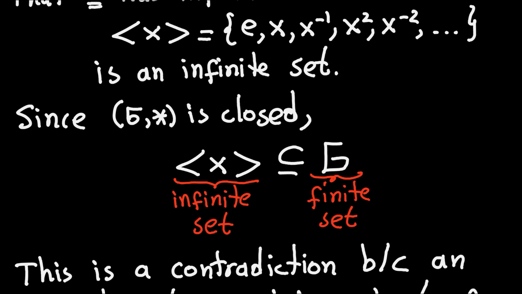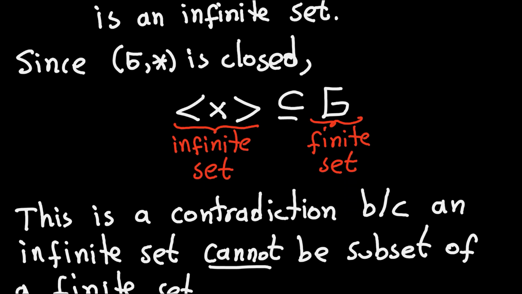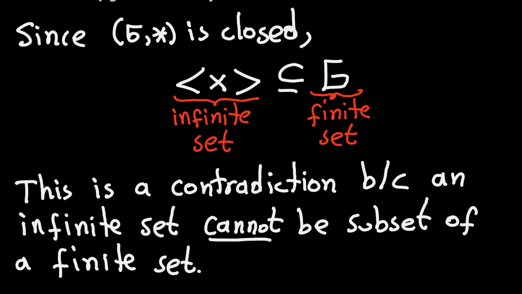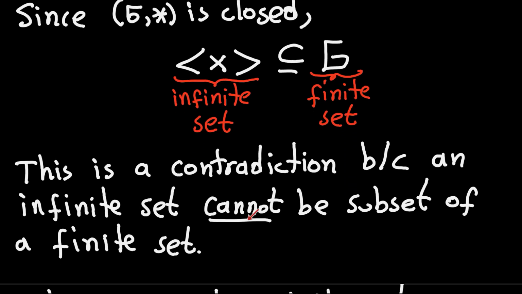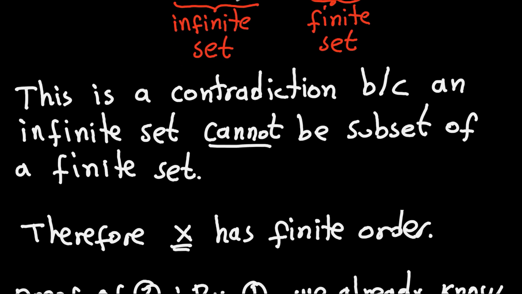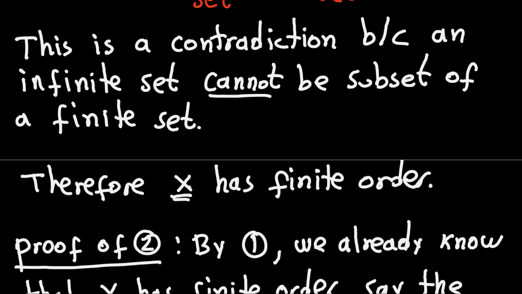Because we are assuming that X has infinite order, this set will be an infinite set, but it is sitting inside a set that is finite. That's not possible. You cannot have an infinite set included in a finite set. That is the contradiction: an infinite set cannot be a subset of a finite set. So we have proved that X has to have finite order.